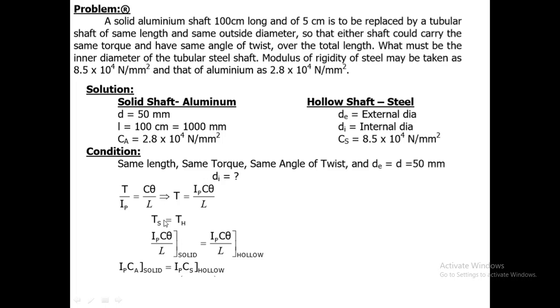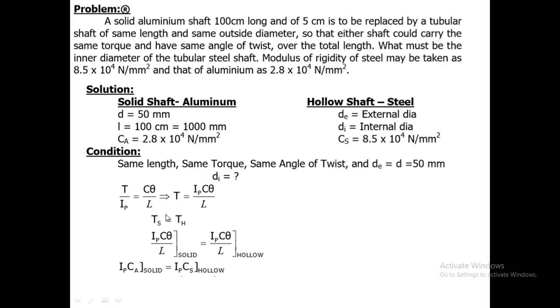So here again the torque will be the same for both shafts. So this is a condition of compatibility. The torque induced in the solid shaft should be equal to the torque exhibited by the hollow shaft, so we put the same formula.